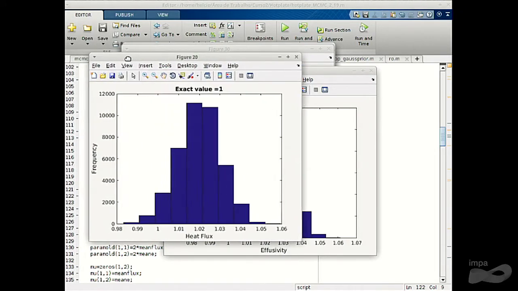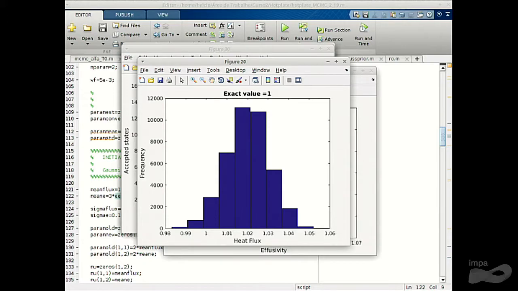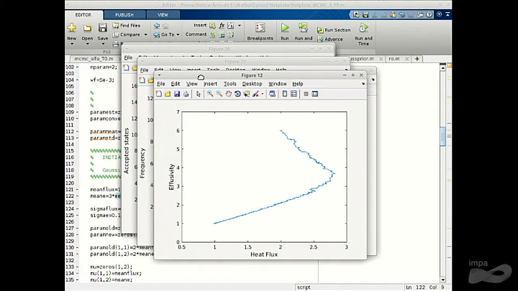And here we have the heat flux, okay? And now take a look at the samples of the Markov chain. You see, they are very correlated. It's basically a line, you know. It's a line because of the correlation of the parameters.